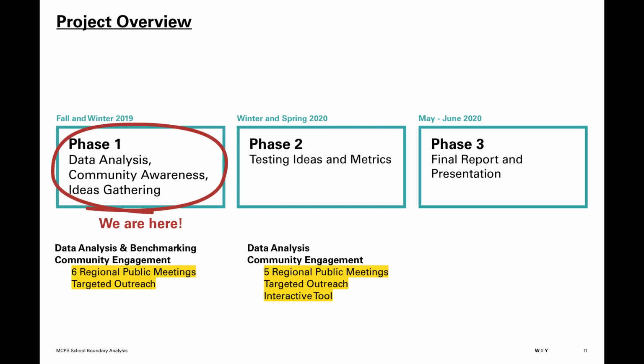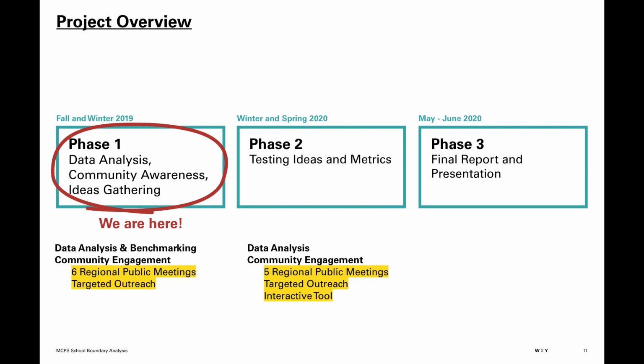Our project will take place in 3 phases. Phase 1: data analysis, community awareness, and idea gathering, where we'll be both sharing our process with the community and inviting community members to give feedback on the 3 key lenses that we'll be looking at through this study.